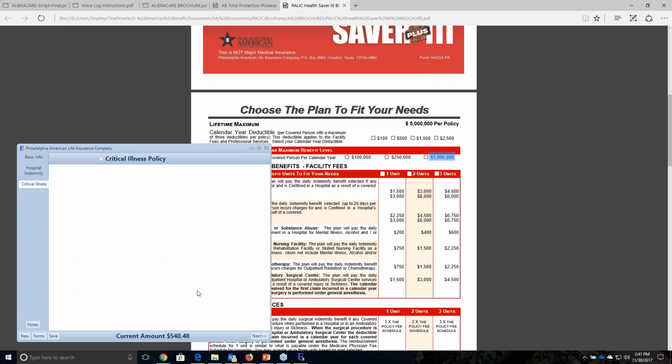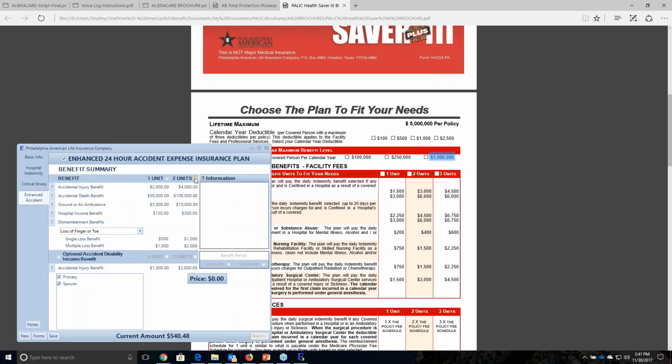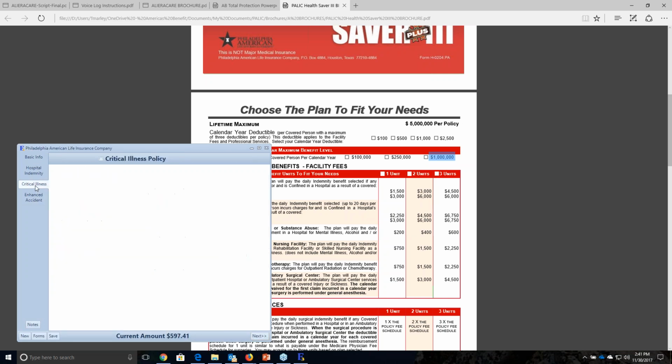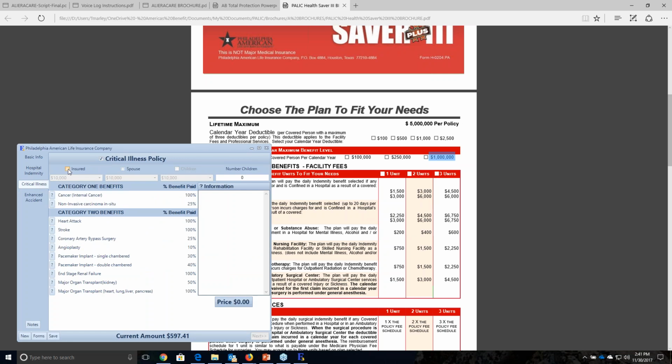You have the critical illness benefit, which usually I skip first, and I always add the accident. So now we have a number, and then I come back to the critical illness. And even under this scenario, if we added 50,000 for both the husband and the wife, you see you're at 819, right? $90 for the Christian sharing.